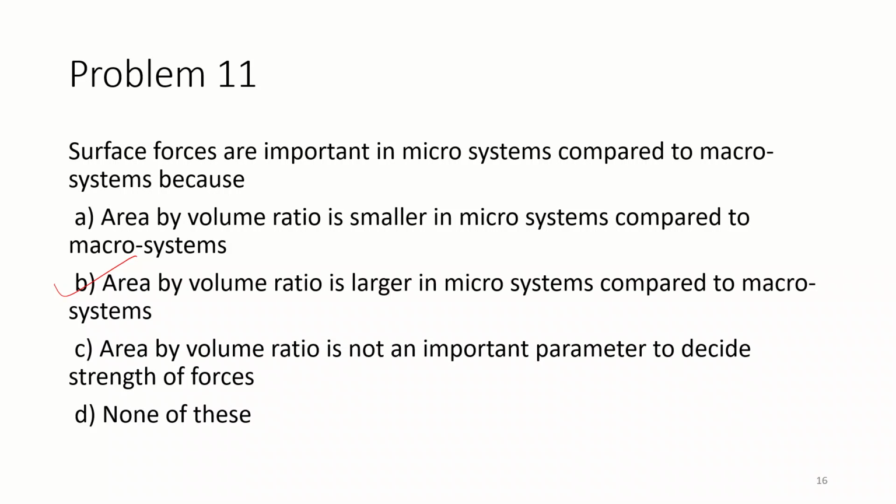That's why when you are scaling down your devices, there's a challenge in understanding how they will behave differently from bulk interfaces. For example, when you have gears in macro scale and gears in micro scale, the forces of friction will be much more dominant than the effects of gravity.